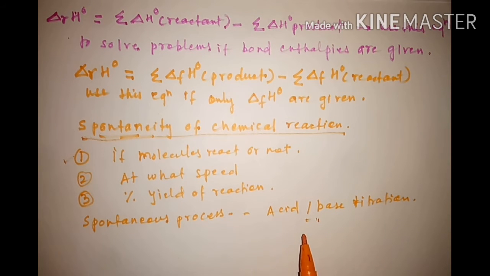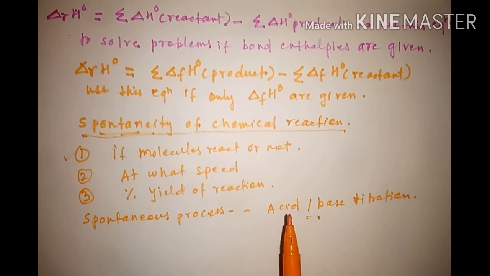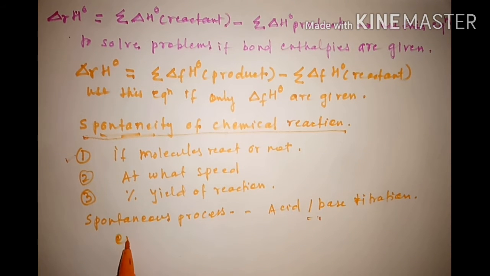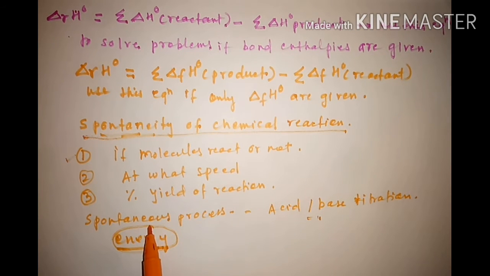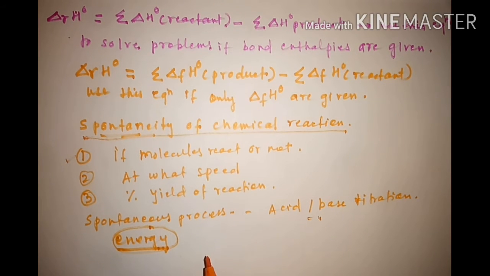Whenever any reaction is carried out, there is always a change in energy. So whether a reaction will occur or not, this energy is very important. Water flows from high altitude to low altitude. It never flows in the reverse direction.